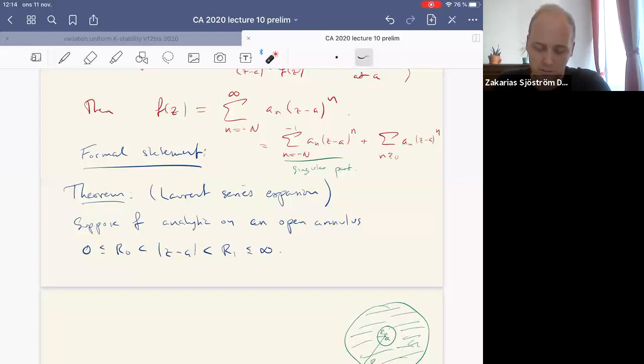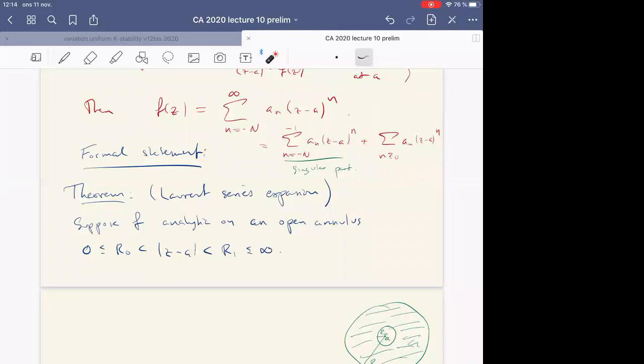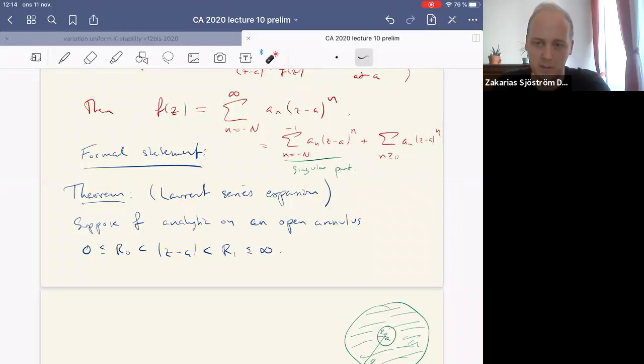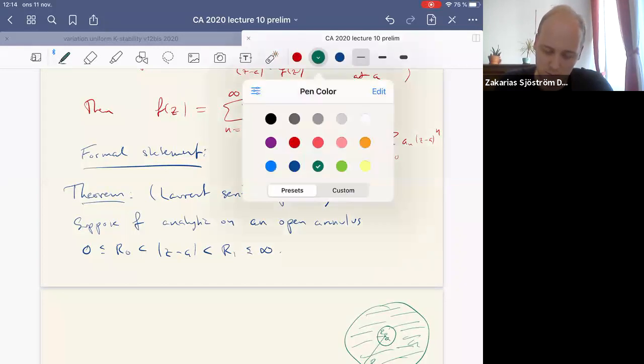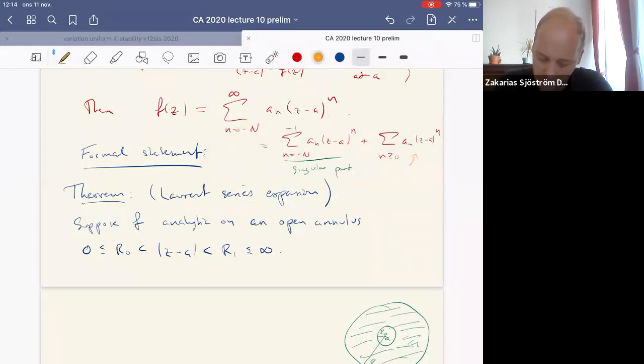So of course, the usual part here is convergent on some disk, on some neighborhood of A, determined by the radius of convergence. So as a warm-up, this one is convergent on the disk centered at A with radius R1, okay? And what about the singular part?